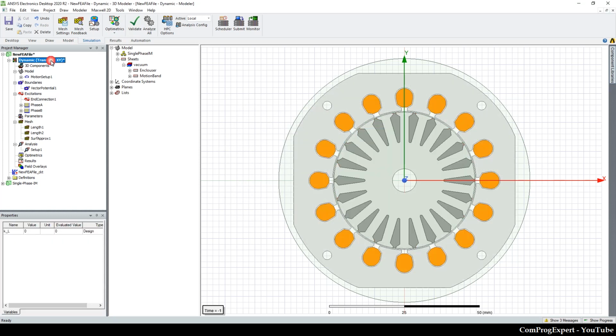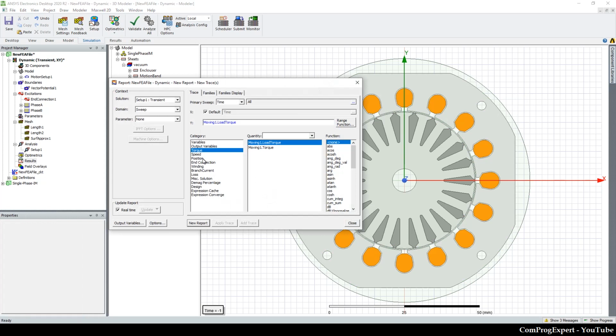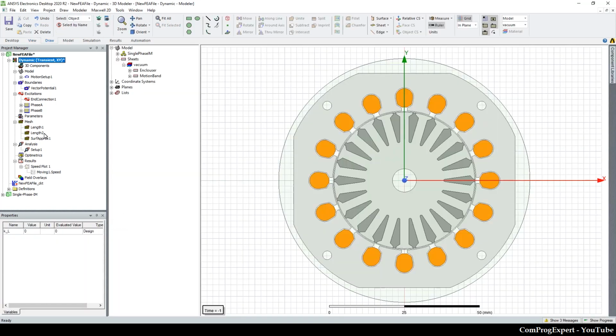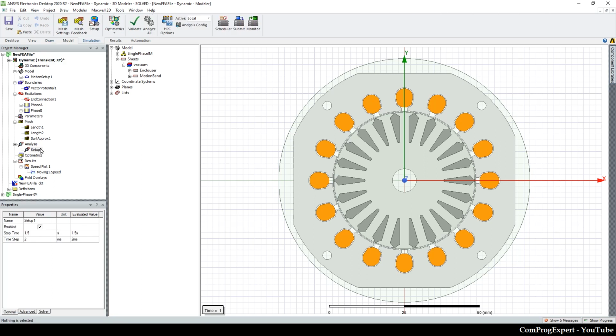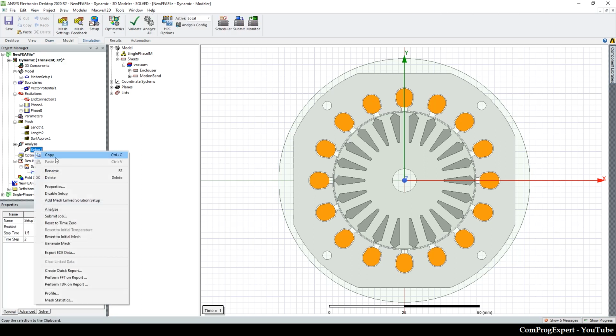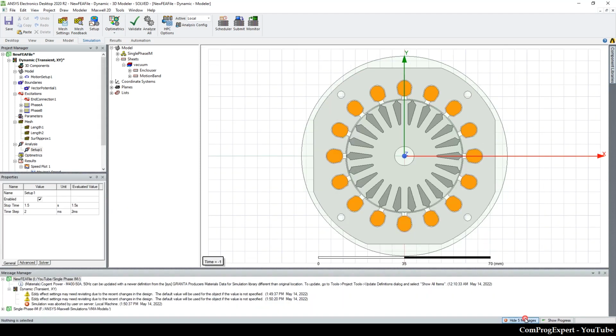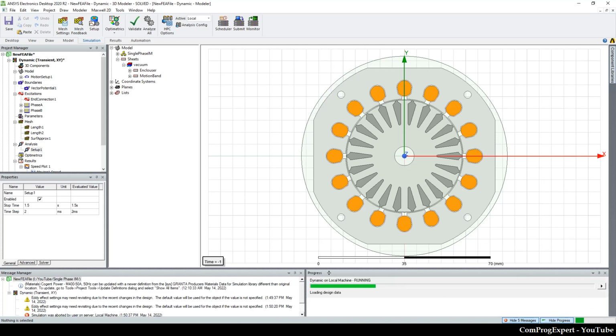So let's run the simulation and plot the value of the rotor speed, moving one dot speed, and calculate the steady state rotor speed. So let's run the simulation, analyze. The simulation is running.